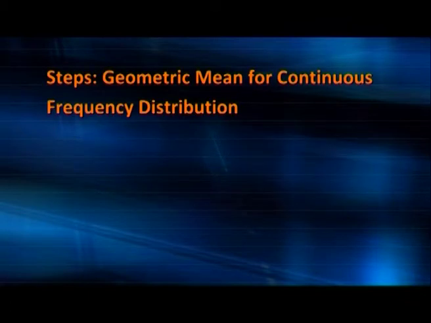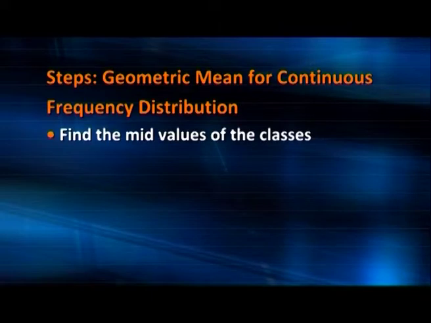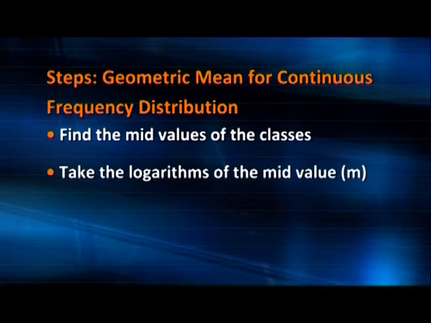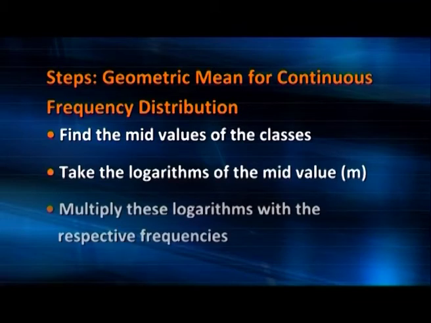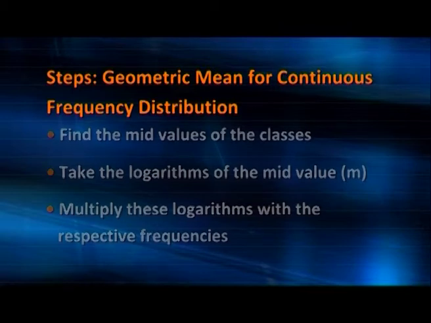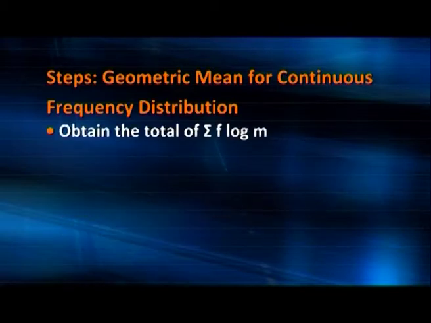We now need to look at the steps involved in the computation of geometric mean for a continuous frequency distribution. Find the mid-values of the classes. Take the logarithms of the mid-value m. Multiply these logarithms with the respective frequencies. Obtain the total, summation of f log m.